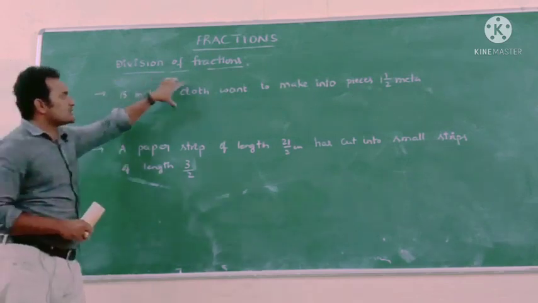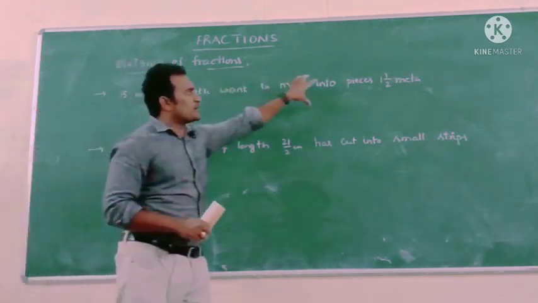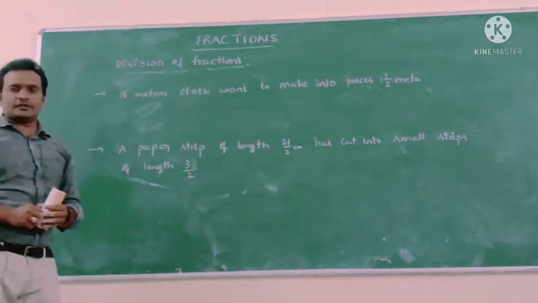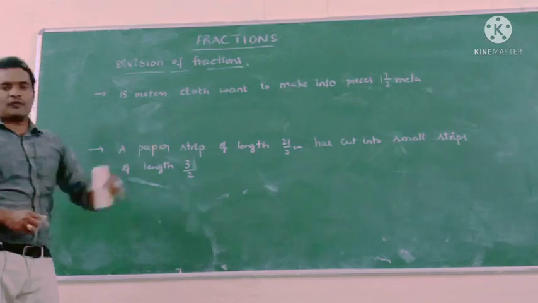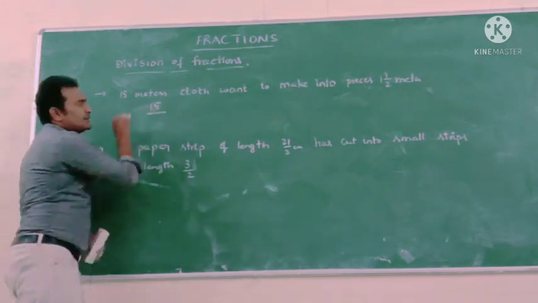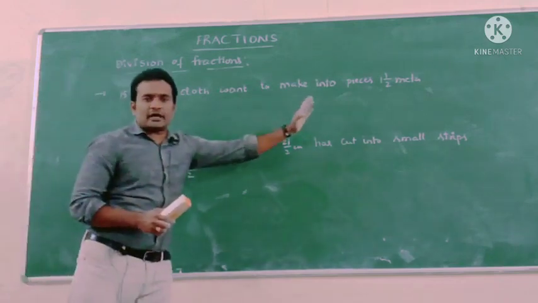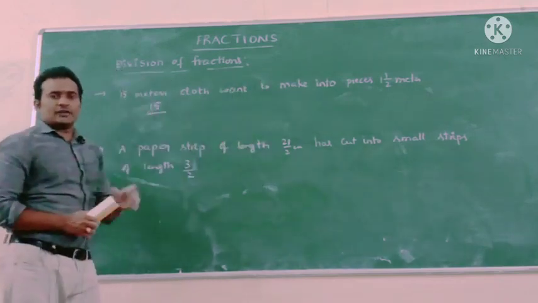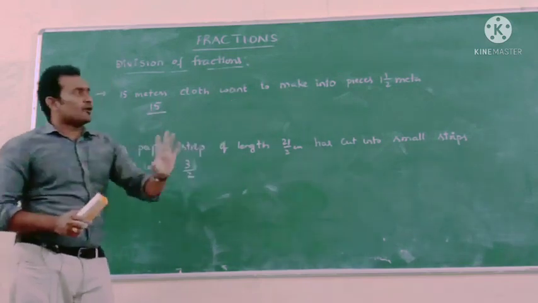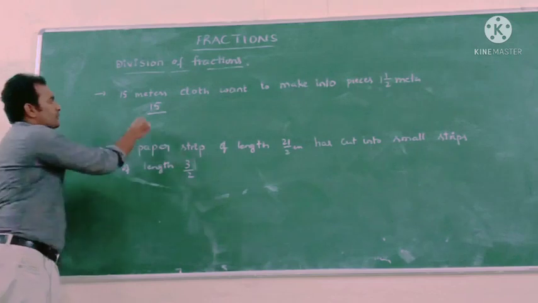Suppose 15 meters of cloth is to be cut into pieces of 1 1/2 meters. How many 1 1/2s are there in 15 meters?